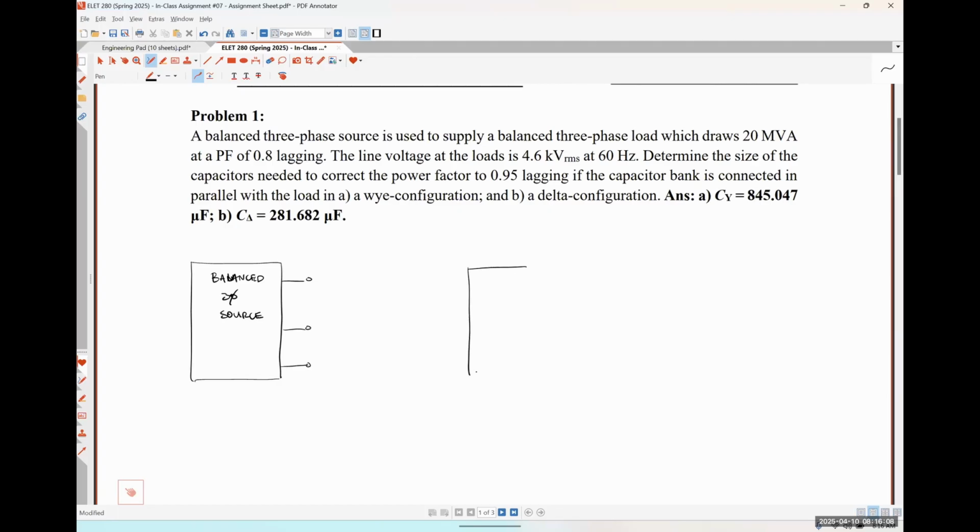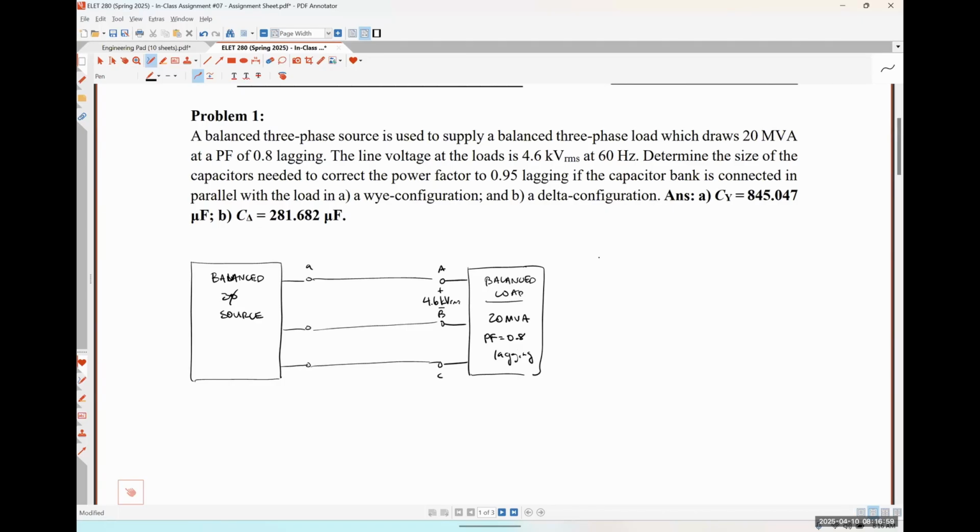Over on the right-hand side, we've got our balanced load, and we are told that our load draws 20 MVA at a power factor of 0.8 lagging. And we are told that the line voltage at our loads, so that would be this voltage here, has a magnitude of 4.6 kilovolts RMS.